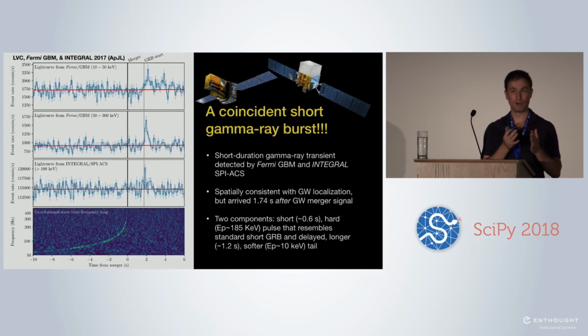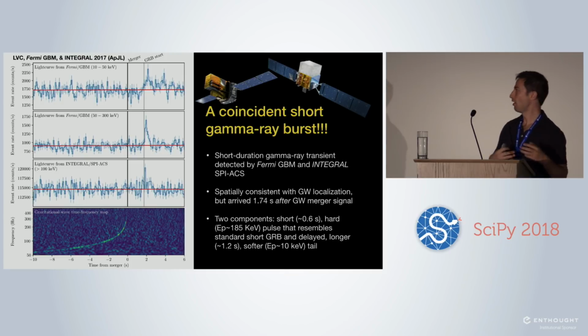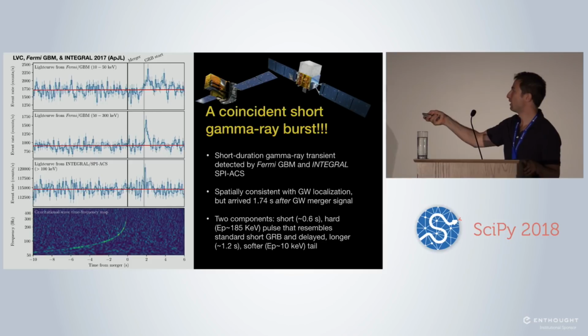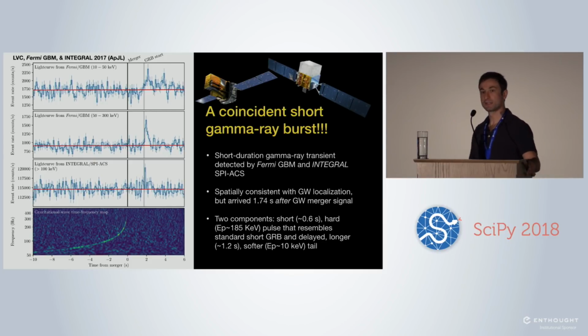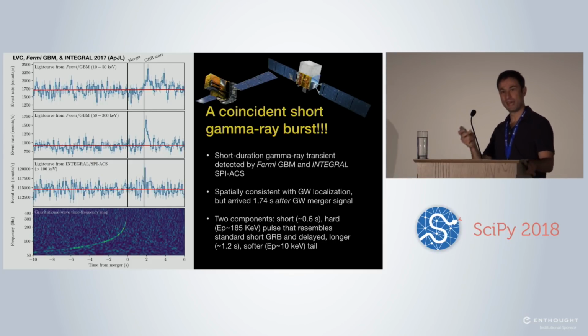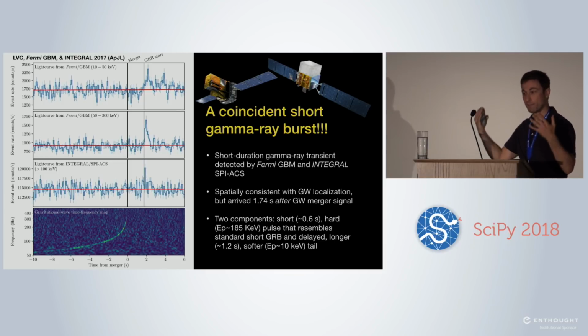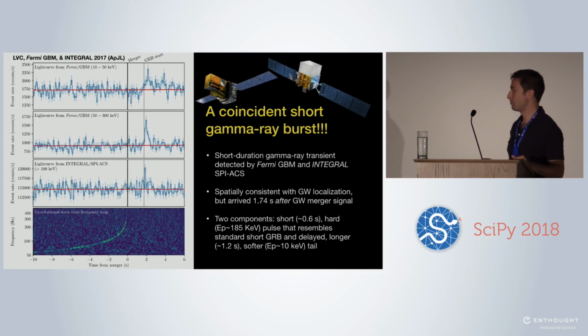Half of them are known to be associated with the collapse and death of a certain type of massive star, and the other half of them were thought to be caused by these binary neutron star mergers. And there was a coincident detection of a short gamma ray burst by the Fermi and Integral satellites that proved at that moment that at least some short GRBs are associated with binary neutron star mergers.